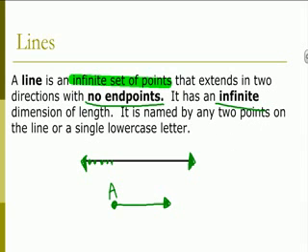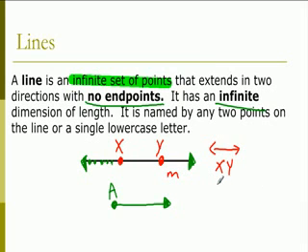So, let me change colors. So that means that if you have this line here, you can have these 2 points, and we can call this line XY. So that's line XY. This could also be a lowercase letter.